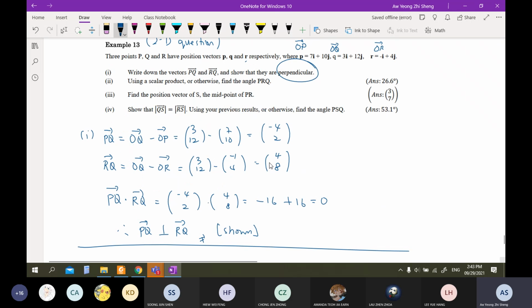Okay, move to part 2. Using scalar product or otherwise, find the angle PRQ. Okay, to find an angle in a vector question, we always use the scalar product method.